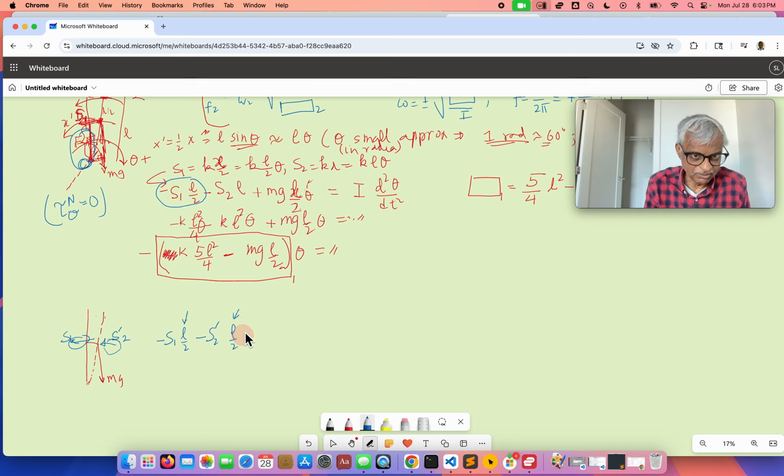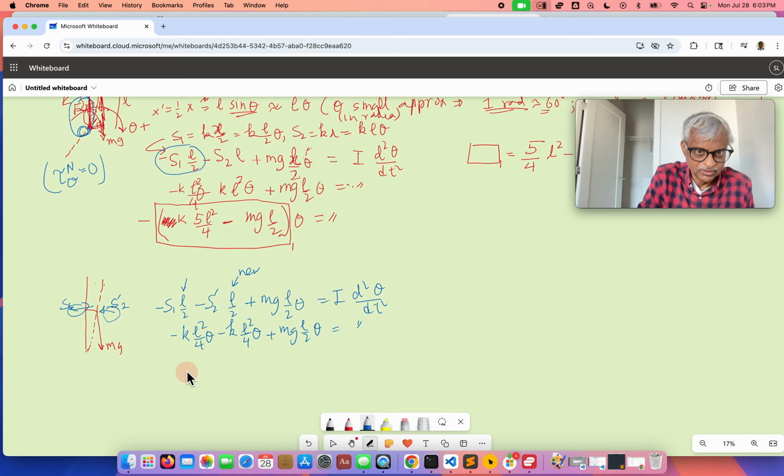This is a new lever arm, and the other one remains mg L over 2, and then converting these guys becomes minus k L square over 4 theta minus k L square over 4 theta plus mg L over 2 theta, and this is I d square theta over dt square.